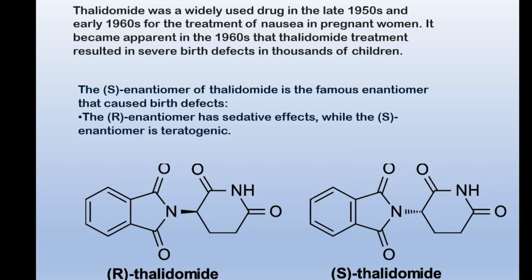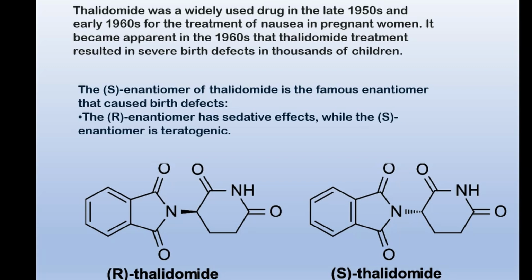So back in the 60s, chemists came up with this drug called thalidomide. It was widely used in the late 50s and early 60s for the treatment of nausea in pregnant women. And it became apparent in the 60s that thalidomide treatment resulted in severe birth defects in thousands of children.